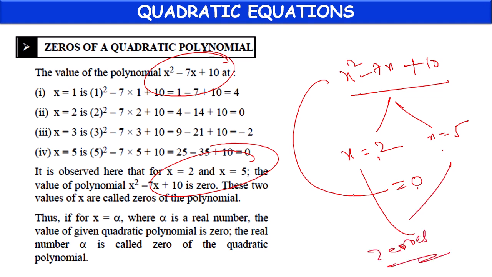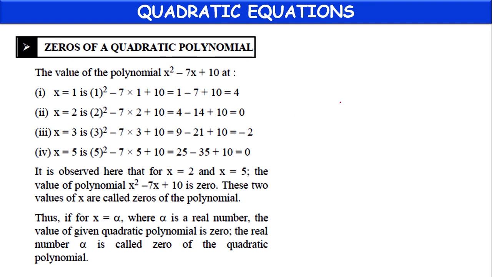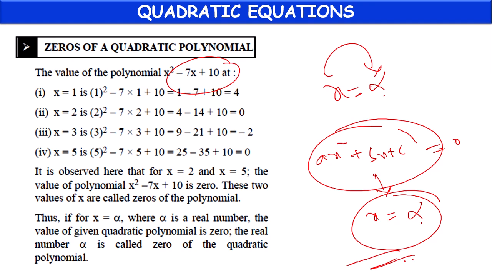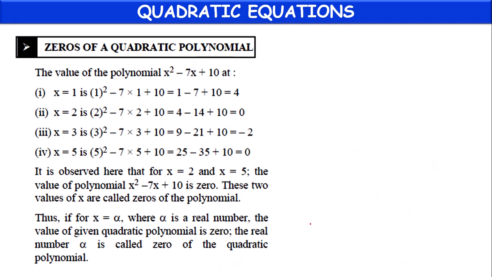Zeros of the given polynomial means if for x equal to alpha, the polynomial ax square plus bx plus c becomes 0, when we keep x equal to alpha, then zero of this given polynomial is x equal to alpha. Means the value of variable which makes the quadratic polynomial 0, that is called zero of the quadratic polynomial.